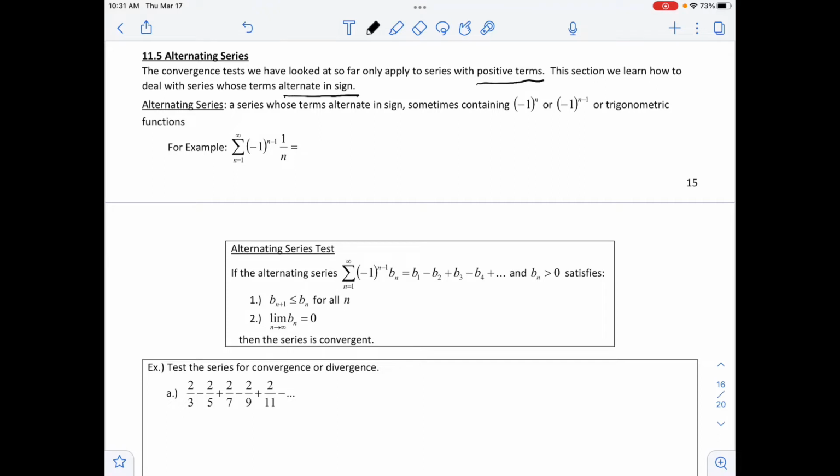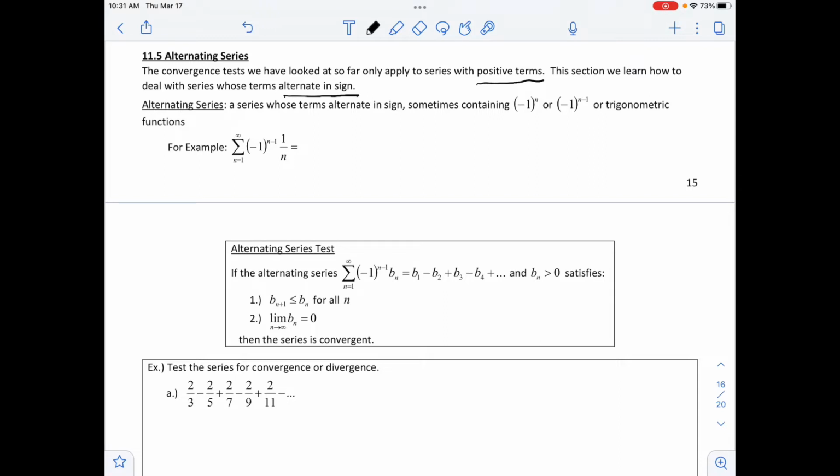An alternating series is a series whose terms alternate in sign, sometimes containing -1 to the nth power or -1 to the n-1 power, or trigonometric functions. For example, the sum from n equals 1 to infinity of -1 to the n-1 of 1 over n.